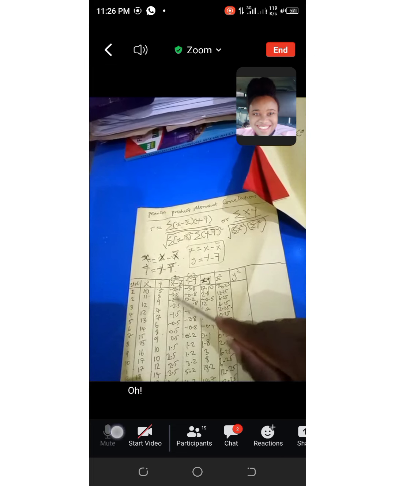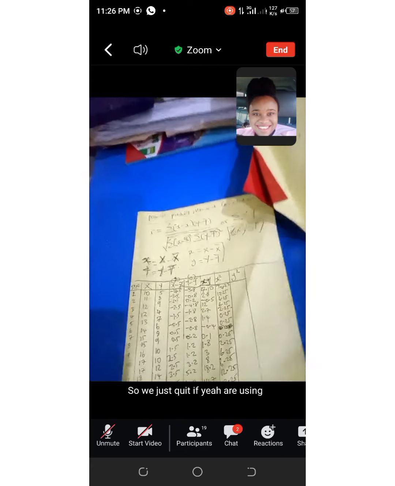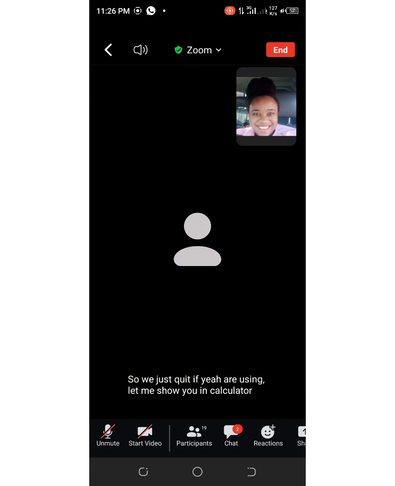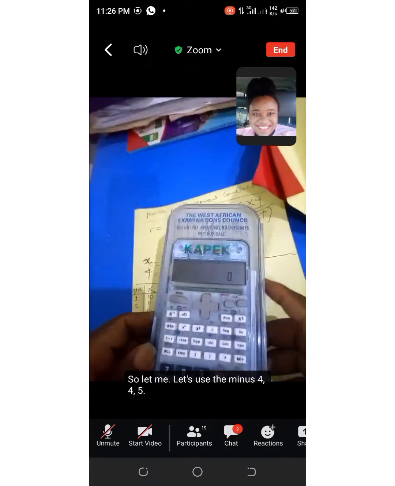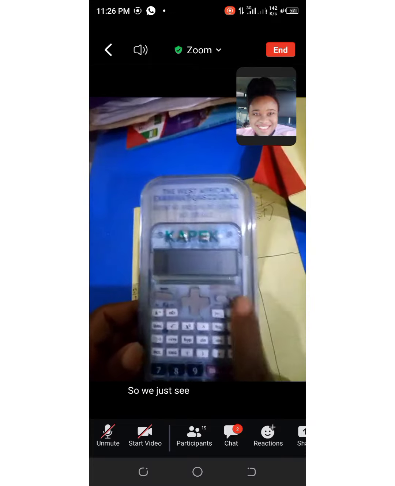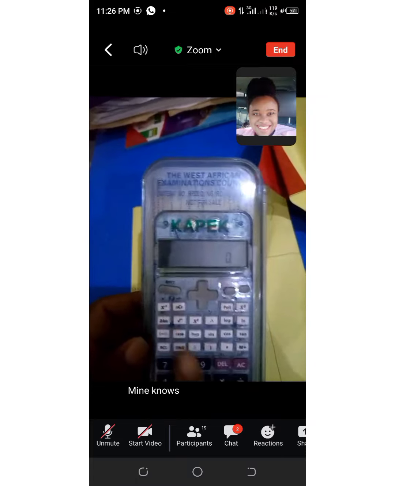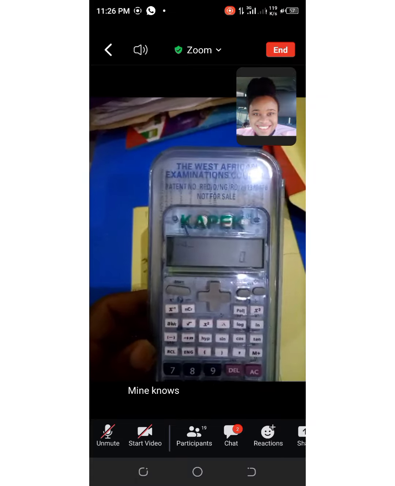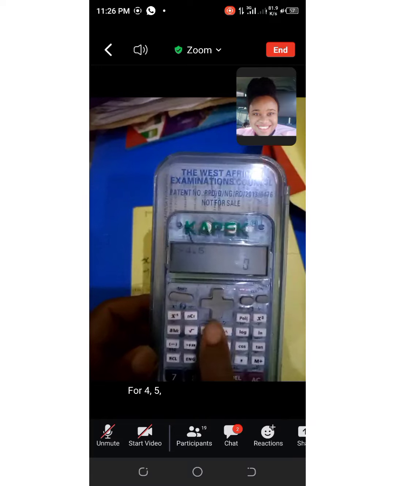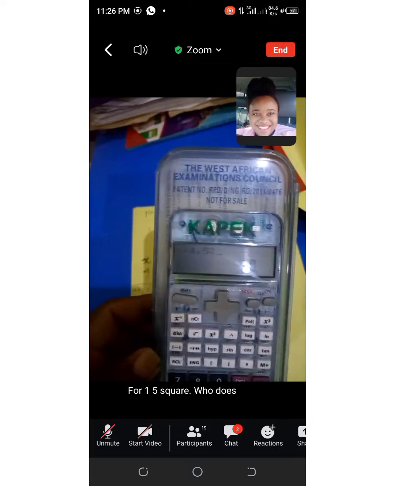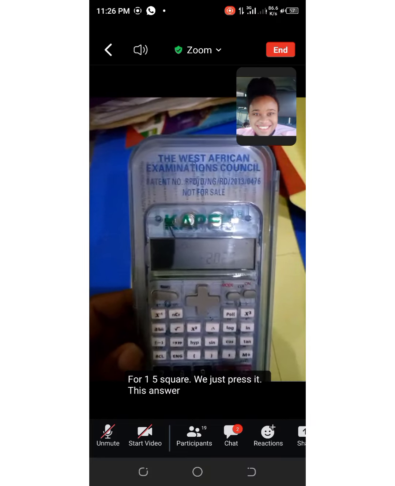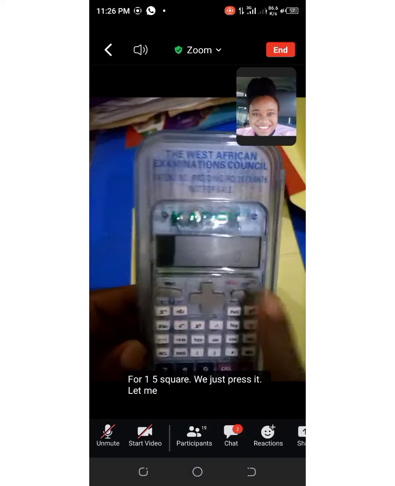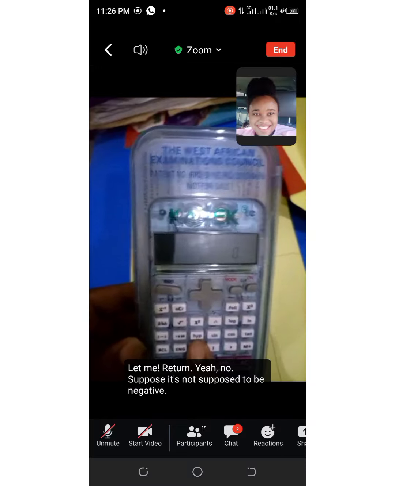Let me show you in the calculator. So let's use minus 4.5. We just say minus 4.5 square, we press it and we get our answer. But it's not supposed to be negative, so you do it inside brackets.